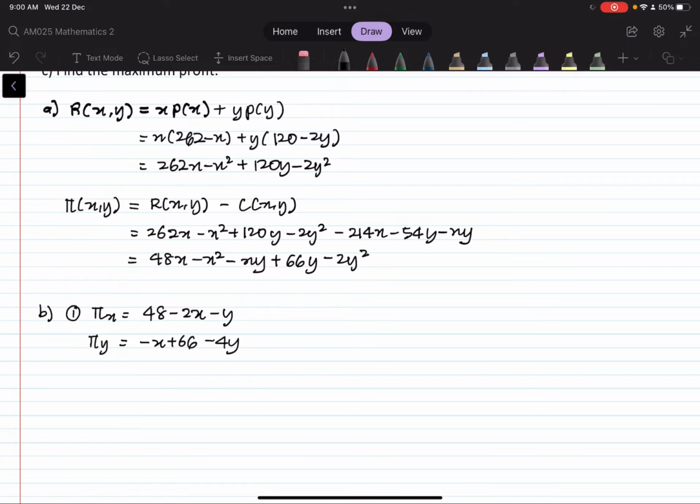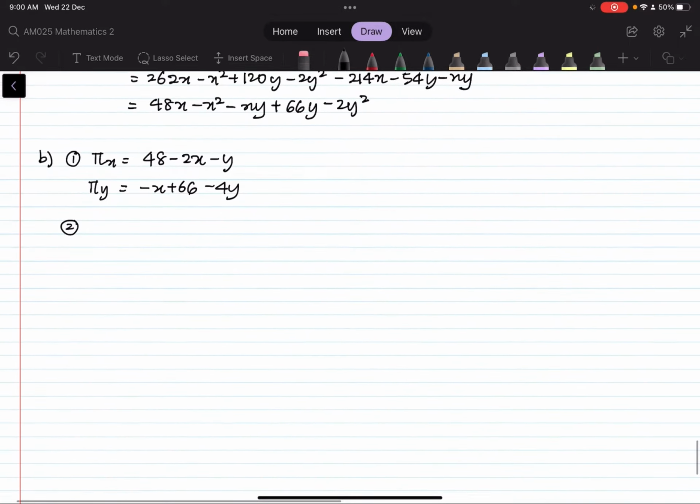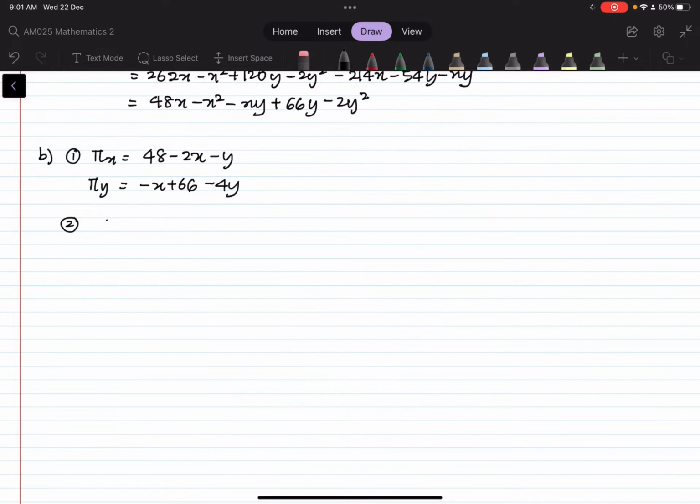Now, let's set our pi sub x and pi sub y equal to 0. 48 minus 2x minus y equals 0, and y equals 48 minus 2x. This is our first equation.